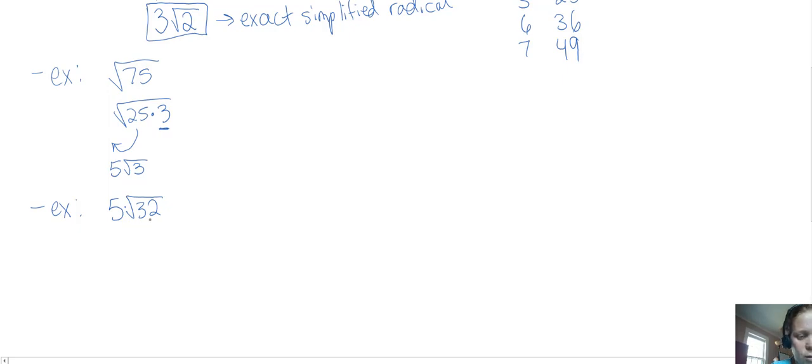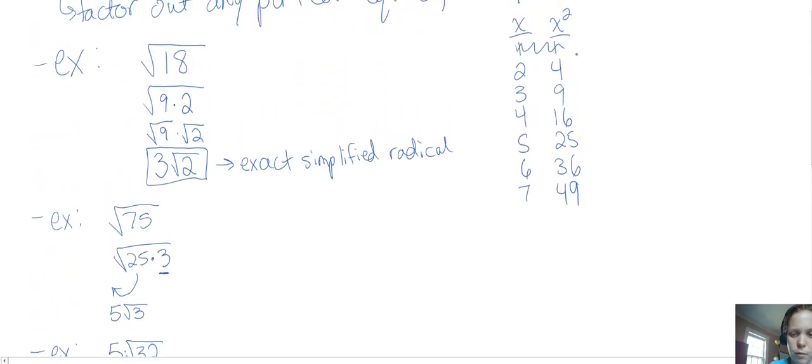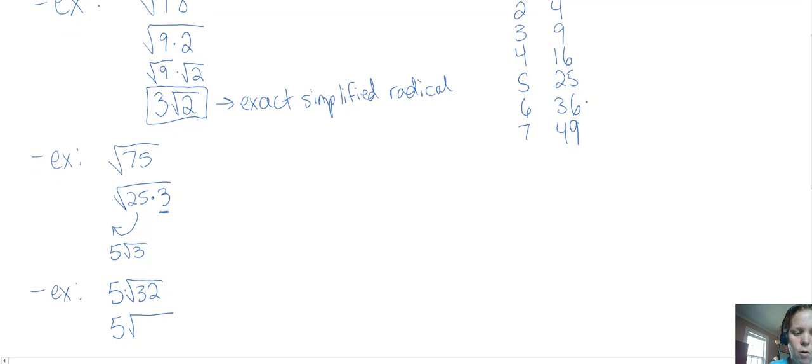So now I'm going to look at 32 and think about how 32 breaks down in terms of my list of perfect squares. 4 goes into 32, 4 times 8, but 4 also goes into 8, so there might be something higher. So ideally, we're looking for the highest number. I can't go over 32, so I can really just look at 4, 9, 16, 25.